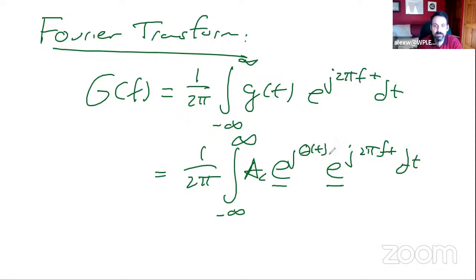You have this function here, and fortunately you have a common base here. You have exponents, so you can combine these together if it helps with respect to this minus infinity to infinity stuff.